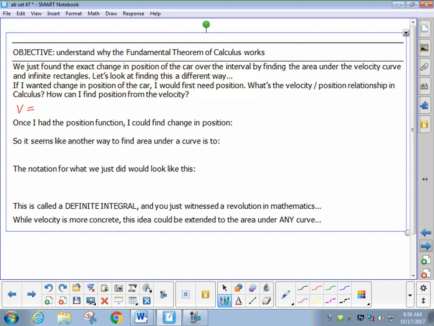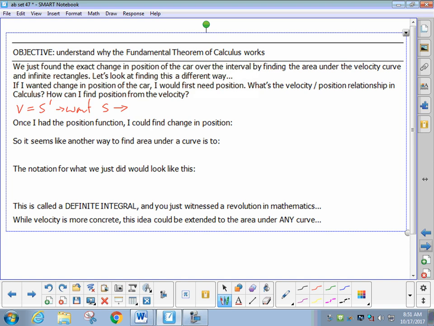Velocity is the derivative of position, right? That's great, but I don't have position to take the derivative of. I have velocity. So if I look at this a slightly different way, what if I wanted s? Well, I would want to get rid of the derivative. How do you get rid of a derivative?